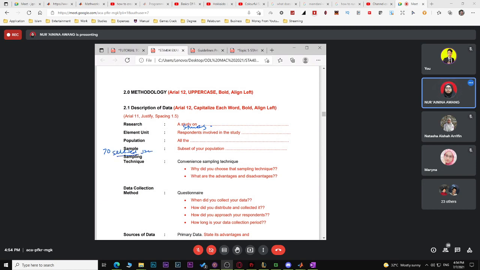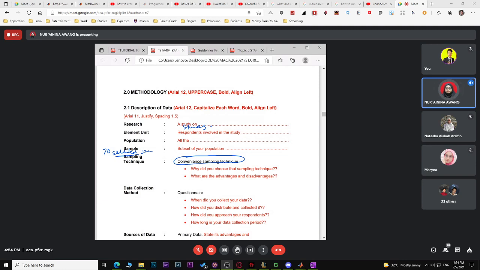Okay, so since this is your sample. Okay. And then for sampling technique, so macam saya kata, semua group akan guna convenient sampling technique. Since you tak boleh nak guna sama ada stratify ataupun cluster ataupun simple random, okay, ataupun systematic random sampling.